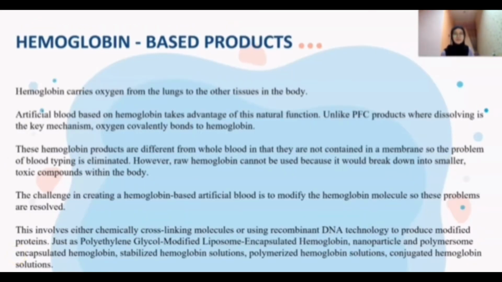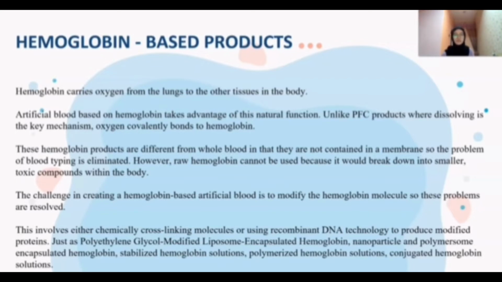Second, the hemoglobin-based product. Hemoglobin carries oxygen from the lungs to the other tissues in the body. Artificial blood based on hemoglobin takes advantage of this natural function. Unlike PFC products where dissolving is the key mechanism, oxygen covalently bonds to hemoglobin. These hemoglobin products are different from whole blood in that they are not contained in a membrane, so the problem of blood typing is eliminated.